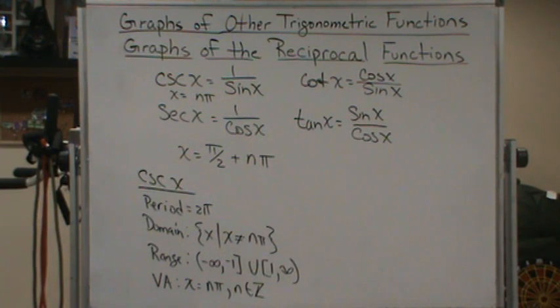Intercepts. The y-intercept would be whenever x is equal to 0, but there is none. There are no x-intercepts for the cosecant function either.